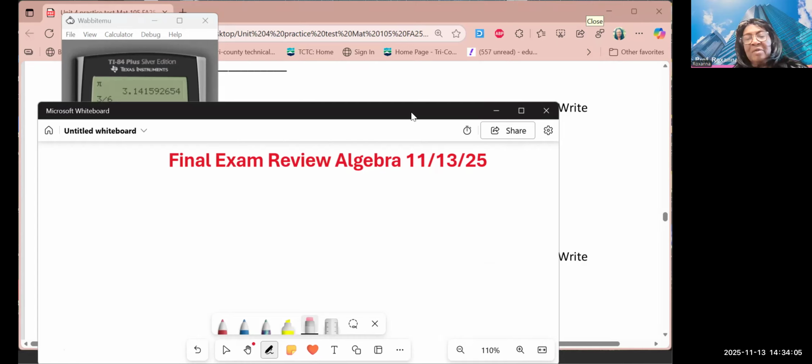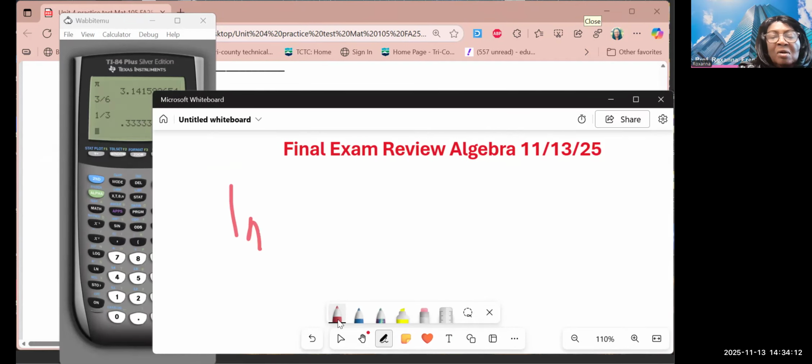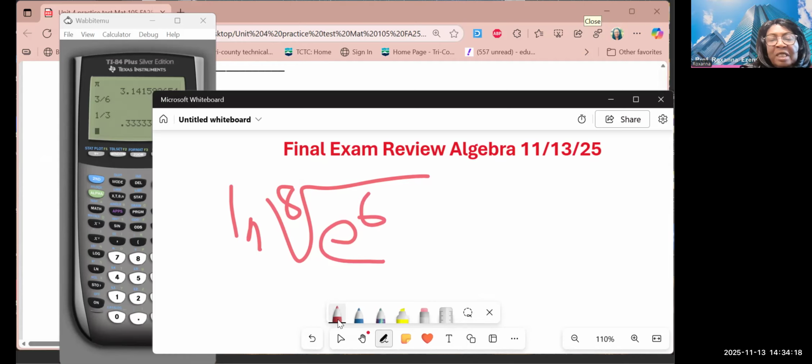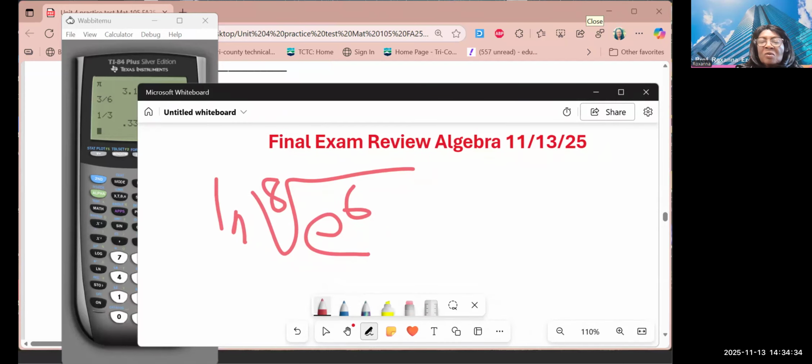So let's first of all copy that: natural log of the 8th root of e to power 6. That's what I'm told to evaluate. It's not an equation, so I am the one to make it an equation because I'm told to solve. I will say it's equal to x, not 0.